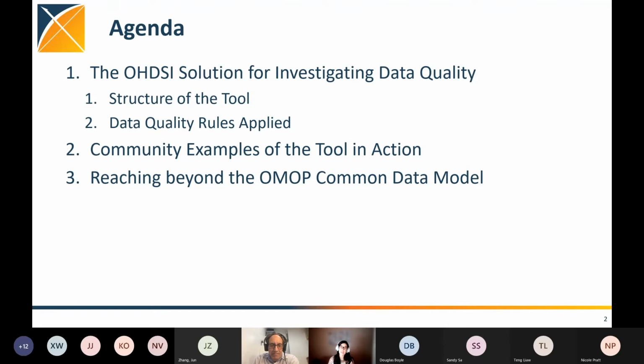I'm also going to talk through a couple of other networks that use the OMOP Common Data Model, and how they're using it, and how we might get to the state that Dr. Khan and Dr. Liao are talking about, where perhaps this tool could help bridge the gap to allow us to have some sort of CDM agnostic data quality. But of course, that's really going to be Dougie's area of focus.